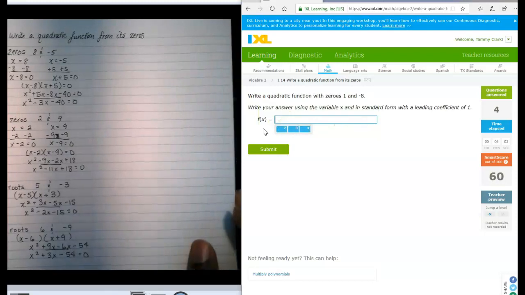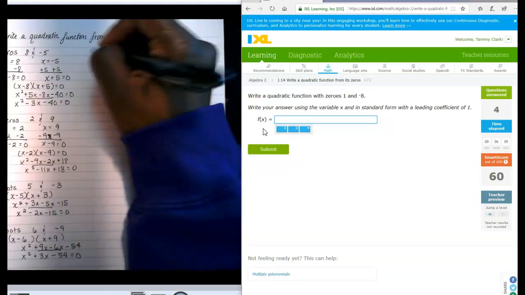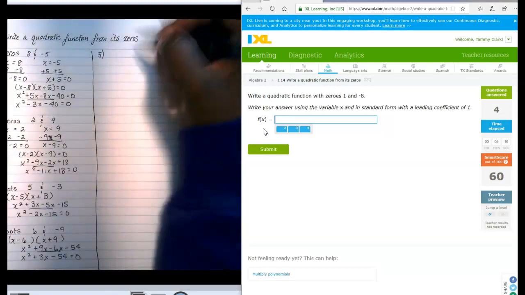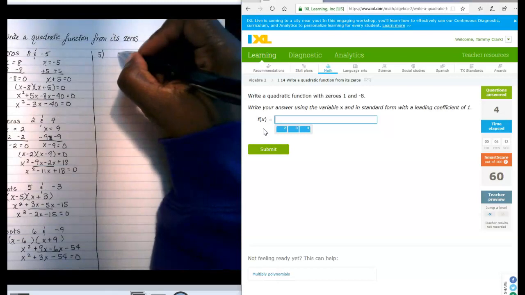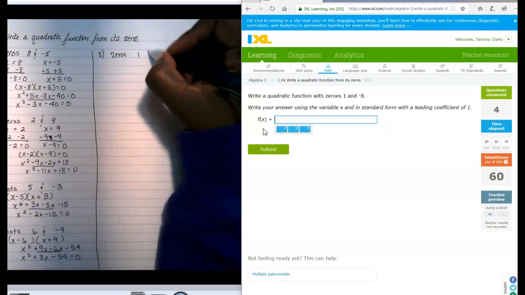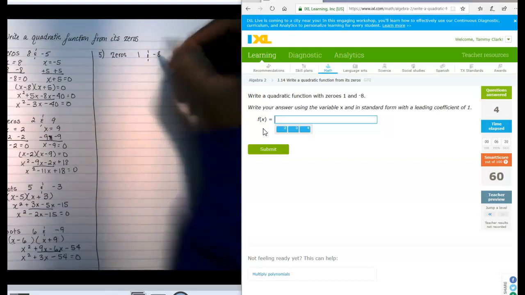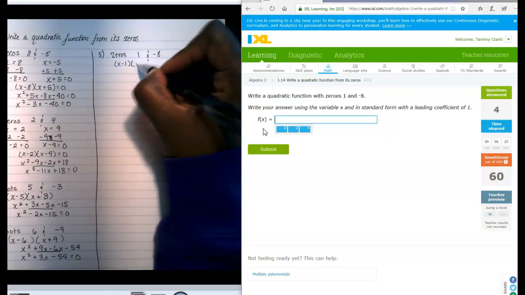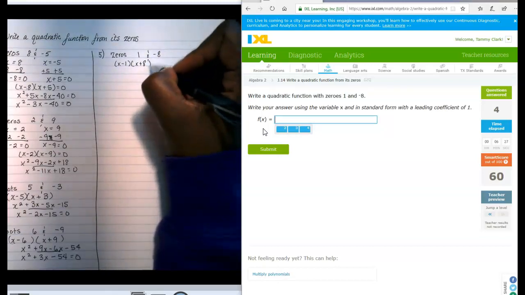Let's come over here. I'm going to go ahead and start number 5 up here. So we've got our zeros, or roots, or solutions, are 1 and -8. So we've got x minus 1 and x plus 8.